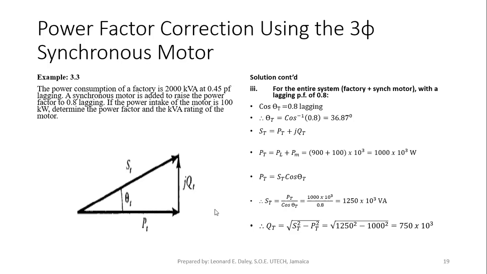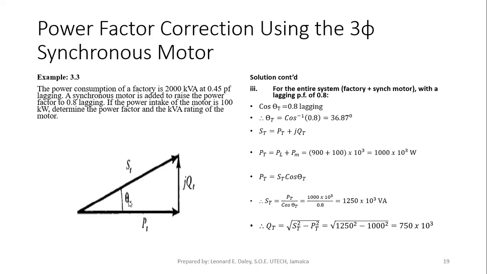There are different ways of working it out. They all lead back to the same thing. So ST, using this relationship, would be PT over cos theta T. Since we have these values already, we can work out what ST is. Then we can find out what QT is by using Pythagoras theorem: the square root of ST squared minus PT squared.